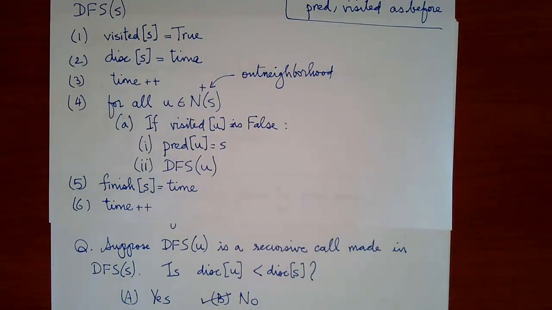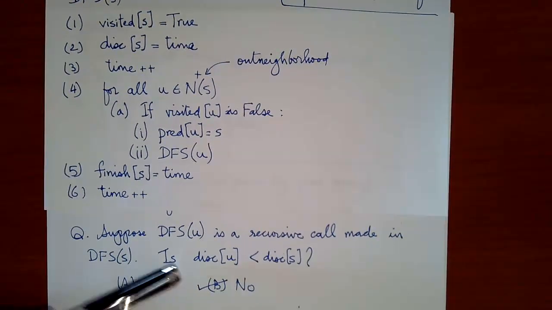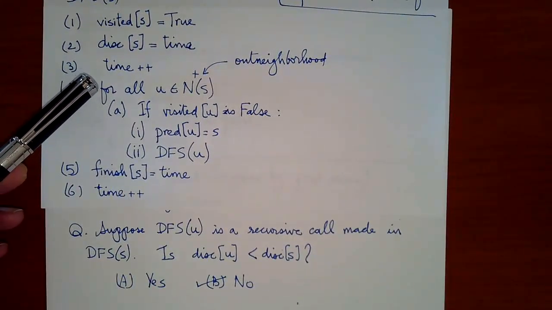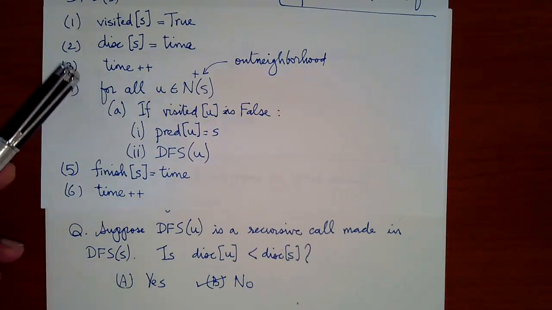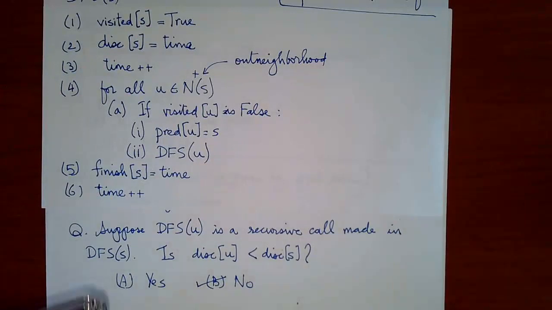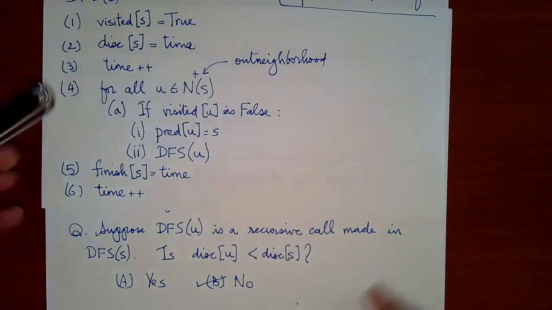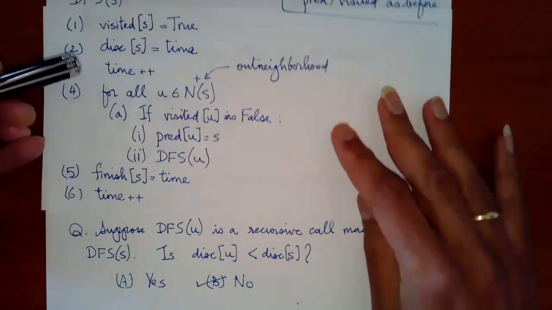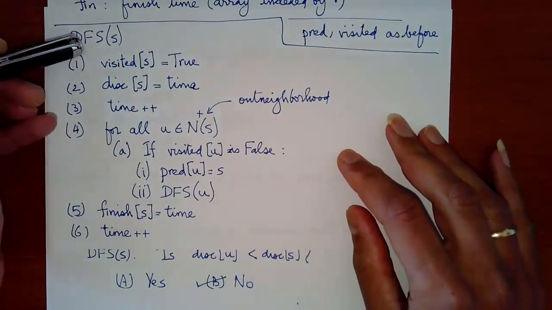Why? Because time gets incremented before DFS U is called. So by the time we enter DFS U, the time having been incremented is now greater than at DFS S. Exactly. You should think of the timestamp as basically like the clock keeping track of the algorithm. The discovery time is basically the time that DFS S is called.